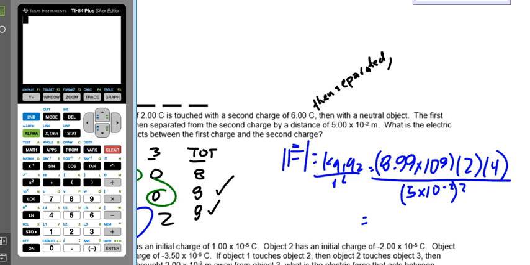I should have bracketed that, but if you actually do it properly with the EE button, you don't actually have to. 2.888 times 10 to the 13.